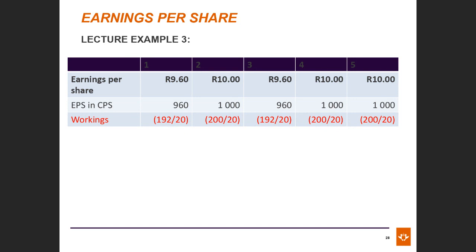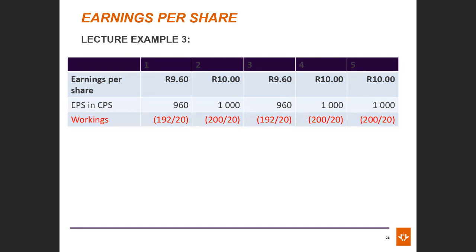So we did not deduct the preference dividend. So in that case, our basic earnings of 200,000 Rand divided by our 20,000 ordinary shares gave us an earnings per share of 10 Rand. And then it was similar for the fifth example. The preference shares were redeemable, therefore were classified as a liability.